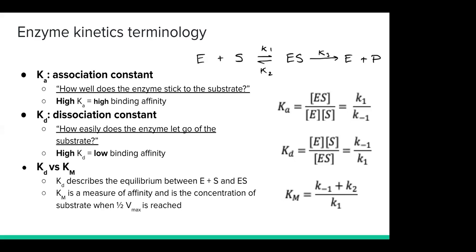So that's just a notation difference. You'll see both notations used. Normally within one question, they'll use one notation as to not confuse you though. So if you're comparing the top and the bottom, K2 on the top is equivalent to K-1 on the bottom, and K3, which is the ES complex going to enzyme and free product, is actually K2 in the bottom notation.